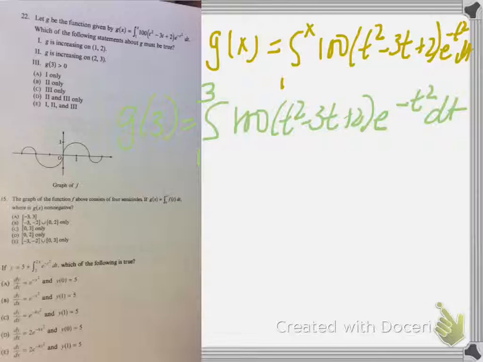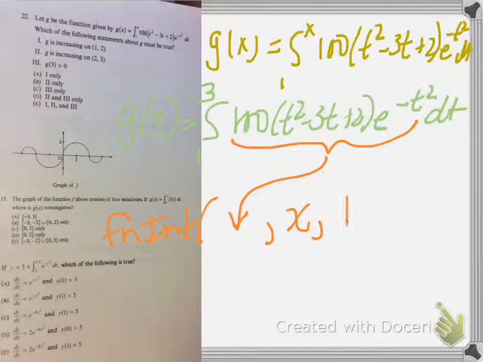So you're going to do Math 9 in the calculator, and you're going to get function integral, something like that. And then you're going to put your function, so this whole piece here is going to go there. And then you can do comma, x, comma, 1, comma, 3. Close that. And you should get negative 1.9.